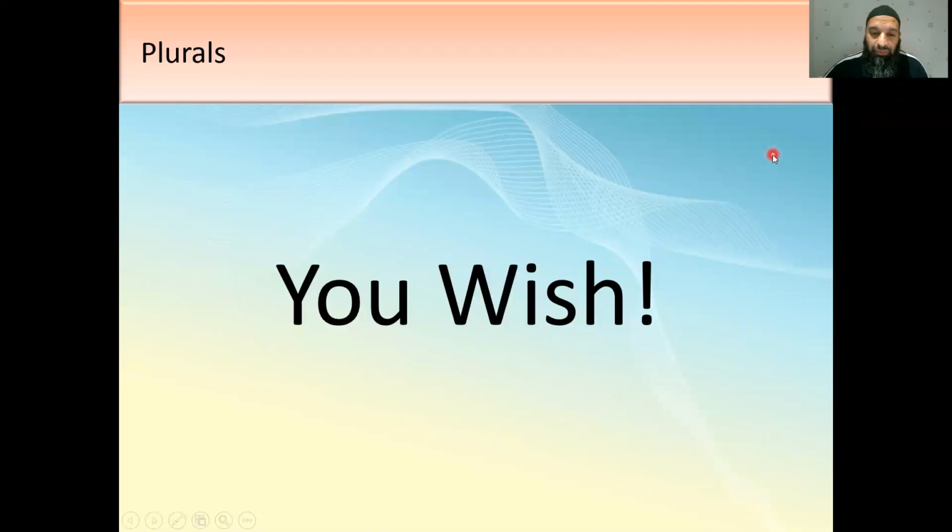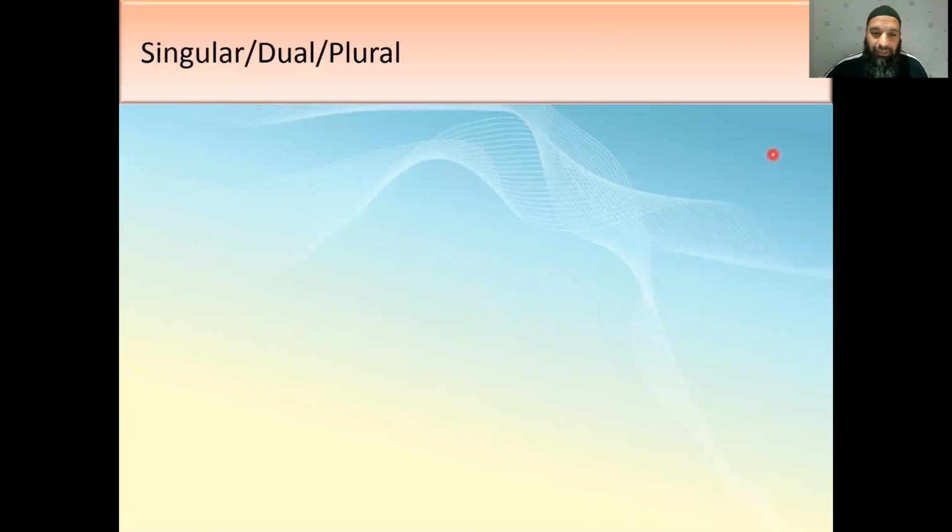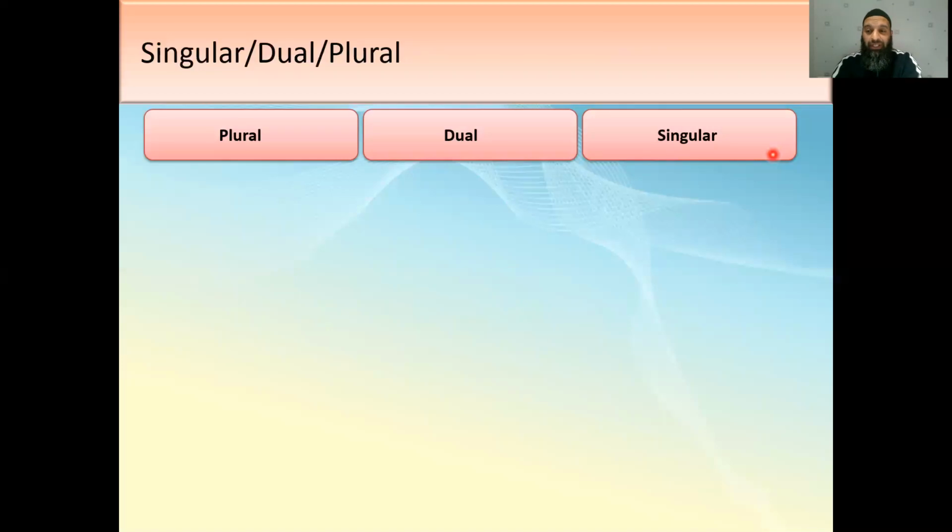Okay, so next one. Right, so in Arabic, in English, we have singular and then plural, two or more. So singular is one, and anything which is two or more is plural. In Arabic, we have a third category called dual.